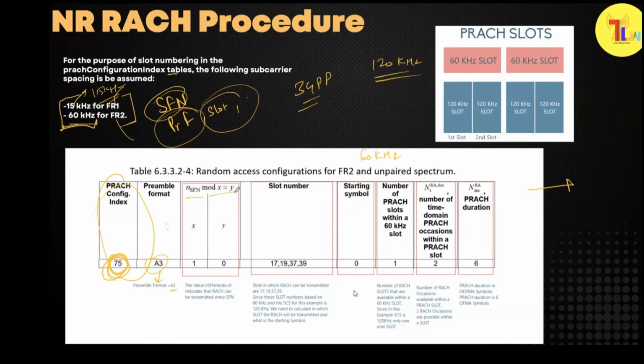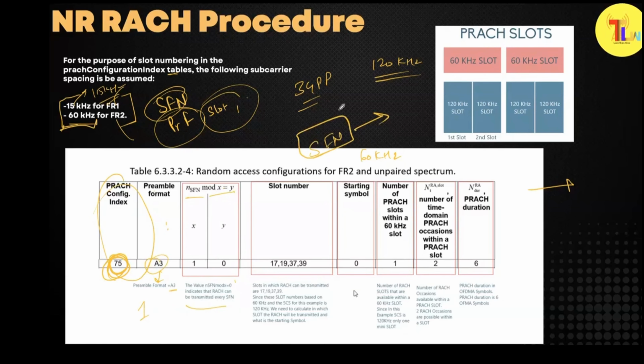We have a formula for that: SFN mod x is equal to y. SFN mod x equal to 0 with x equal to 1 indicates RACH can be transmitted in every SFN. If it is 1, it will be even. If it is 2, it will be odd. That means with odd system frame numbers, I'll be able to send the PRACH occasion.